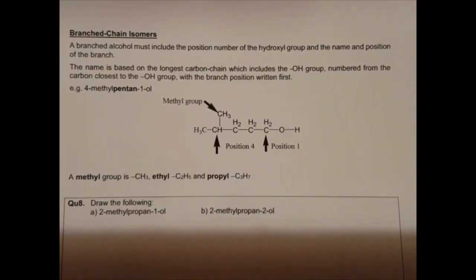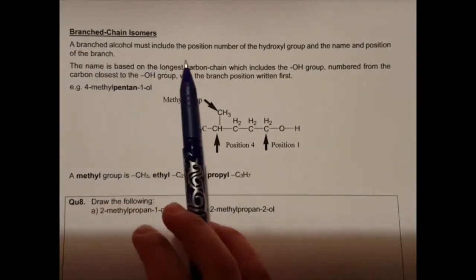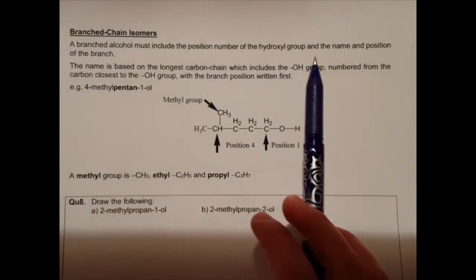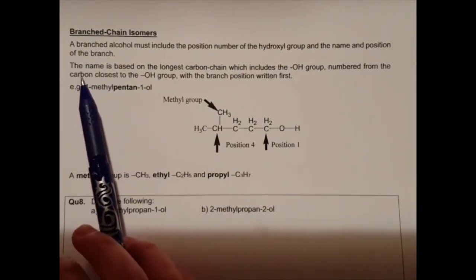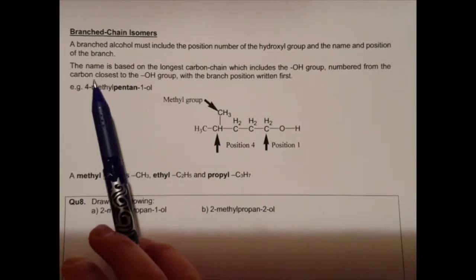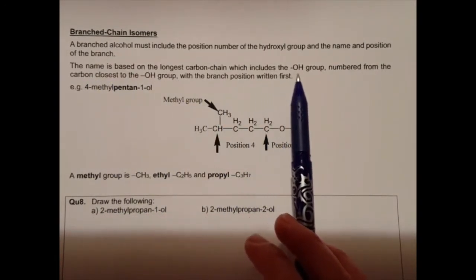Page 13 starts talking about branched chain isomers of alcohols. When we are naming a branched alcohol, we must include the position number of the hydroxyl group as well as the name and position of the branch. This is very similar to naming alkenes, so the name is based on the longest carbon chain which includes the OH group.